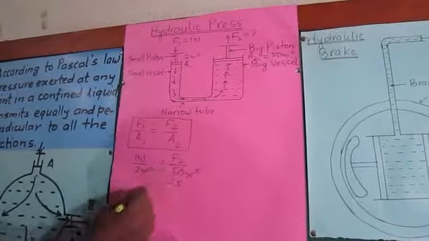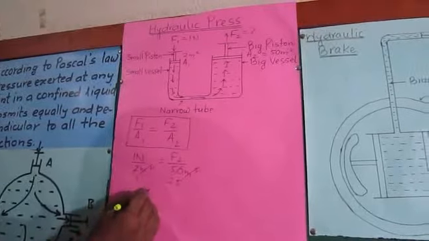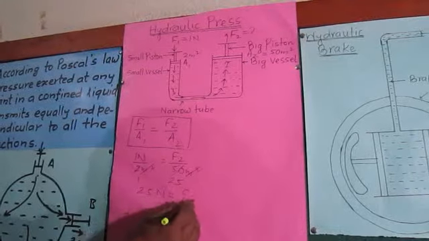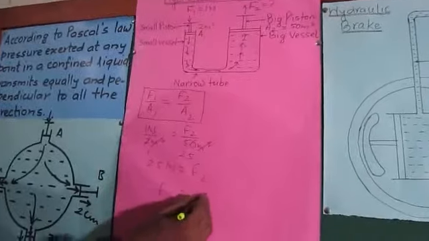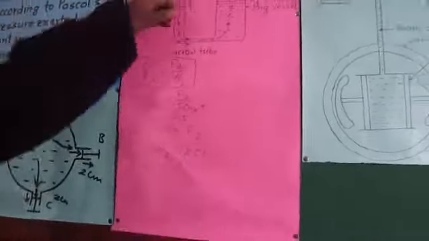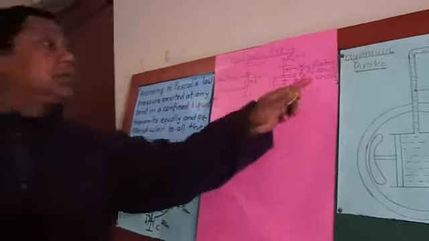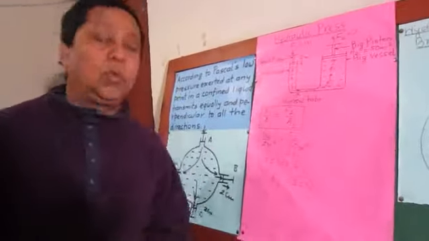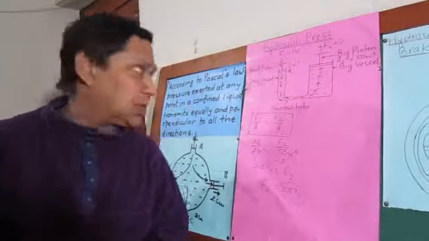It means F2 is equal to 25 into 1, 25 Newton equal to F2. Therefore, we can say that F2 equals 25 Newton. Look at this value. 1 Newton force is applied on a small piston, but the same appeared as 25 Newton on the big piston. What does it mean? This hydraulic press is magnifying the force.